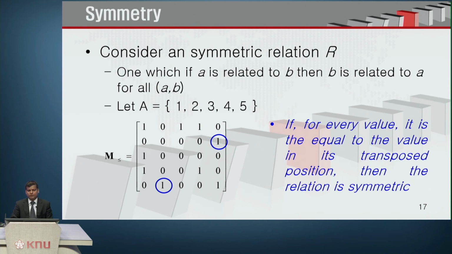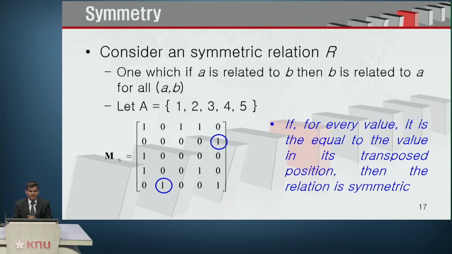Every value is equal to the value in its transposed position. So when you have the transposition of this matrix, you have some similarities. So this represents the symmetric relation. Why don't you try it? Just take all the columns and switch them into rows.